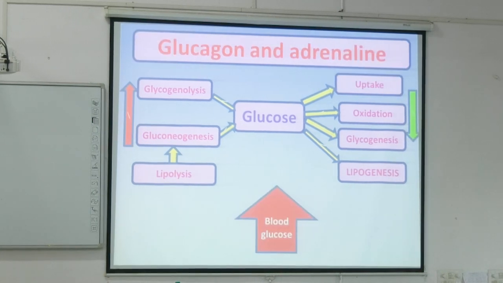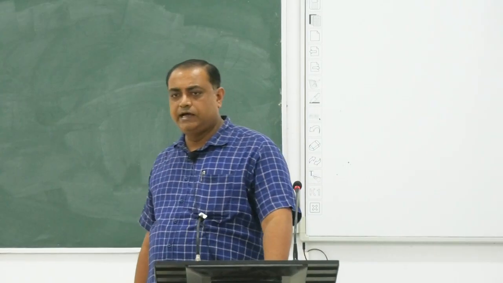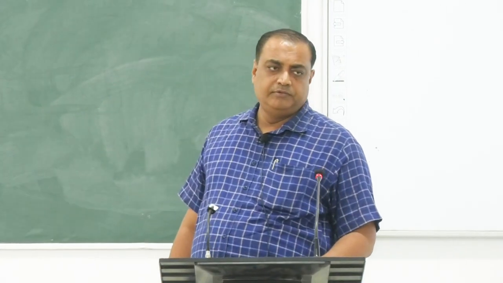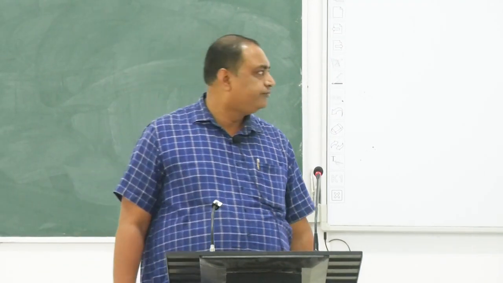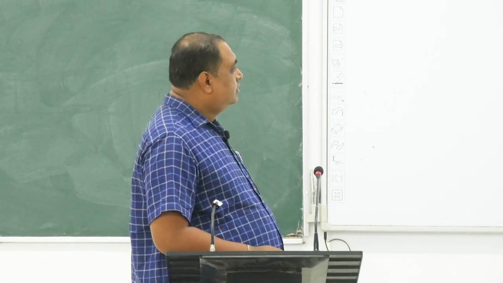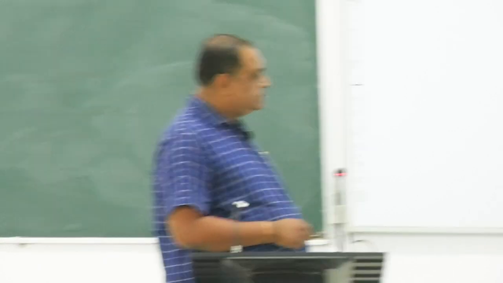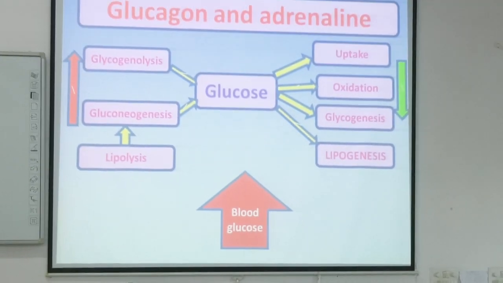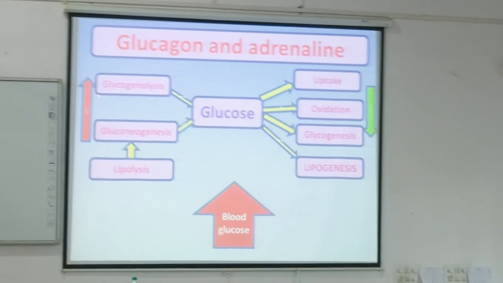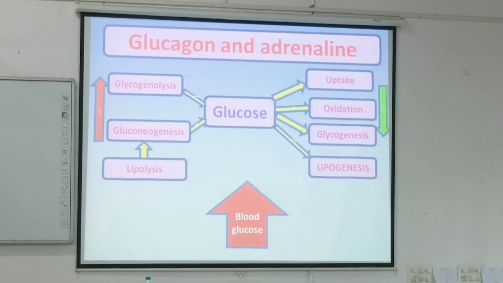Glucagon and adrenaline, they both share the same receptor for activity. When blood glucose level tends to decrease, they increase glycogen breakdown, lipolysis, gluconeogenesis.